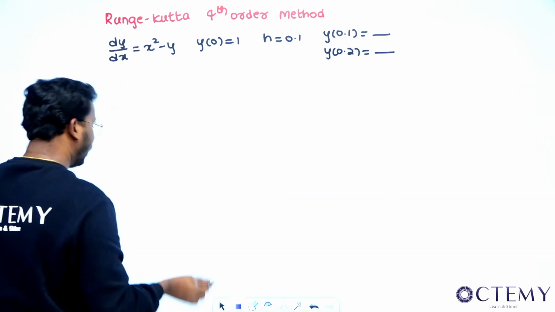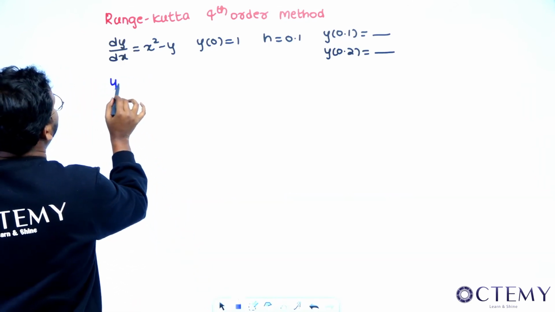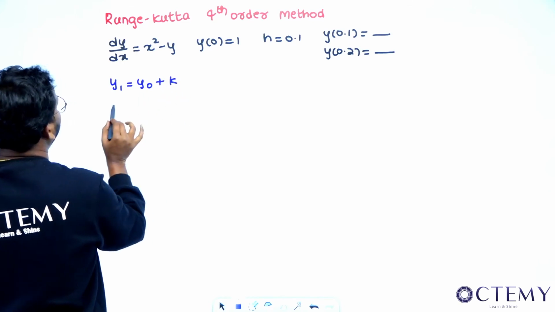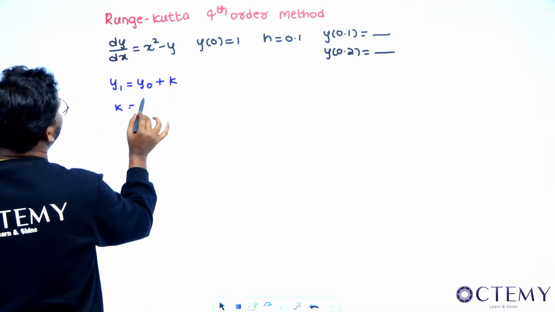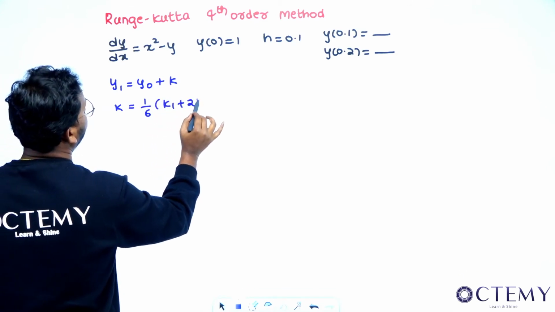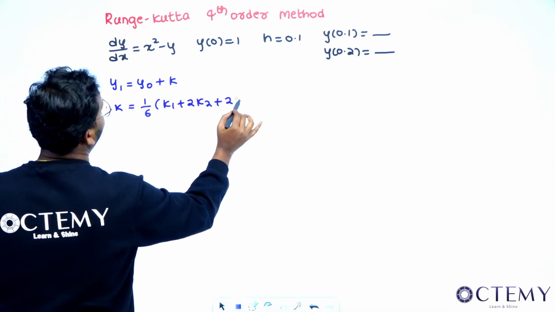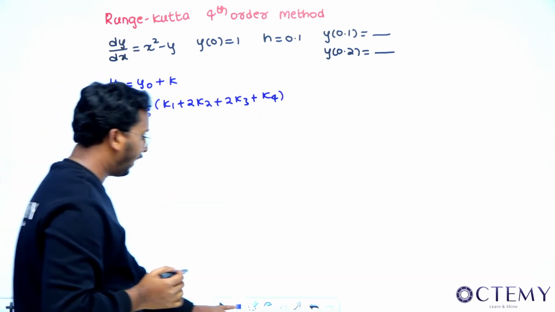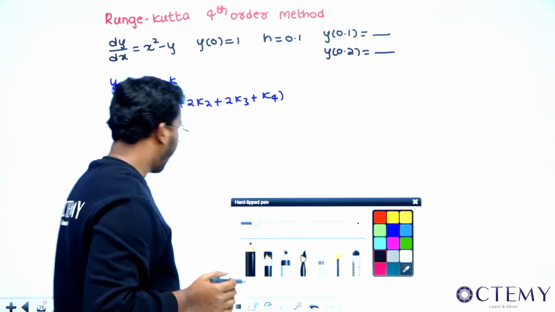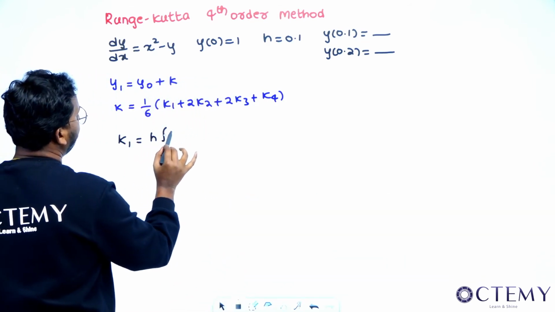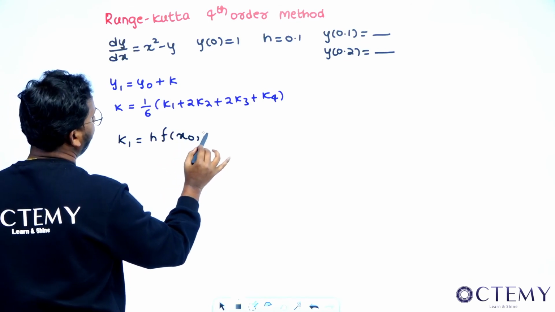If we have to do this, your y1 will be equal to y0 plus k. So what is k? K is equal to 1 by 6 times K1 plus 2K2 plus 2K3 plus K4. So what will be your K1? Your K1 will be h times f of x0 comma y0.